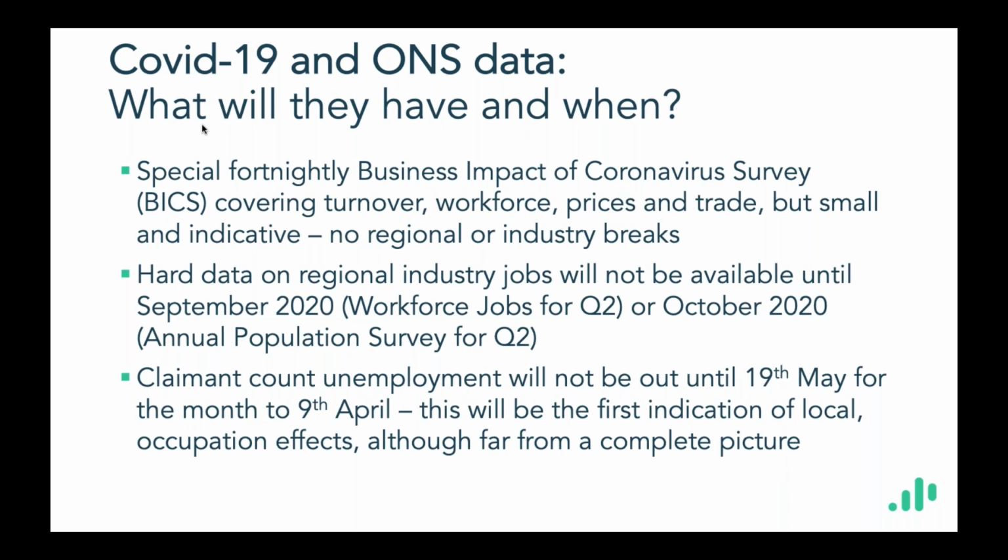And so it won't really show us what we need to see. Obviously, 19th of May, we'll have the first indication of local occupation effects, although that won't be a complete picture. We think that will be really useful to enhance what we're already able to see through job postings data. Can we go to the next slide?